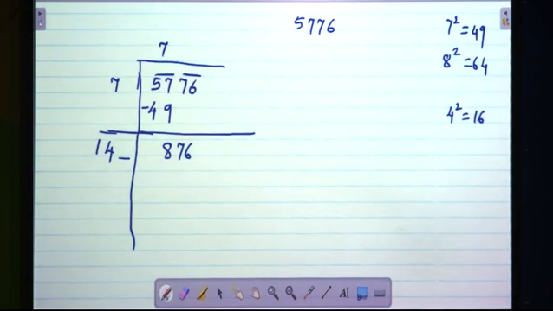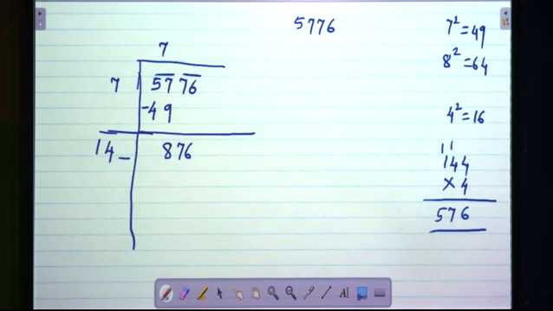I can get 6 in the ones place when I multiply 4 with 4. So, I am putting the digit 4 here. It is 144 multiplied by 4. 4 4s are 16, carry 1. 4 4s are 16 plus 1, 17, carry 1. 4 1s are 4 plus 1, 5.